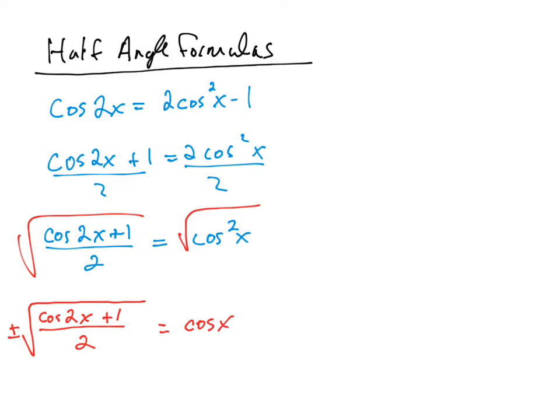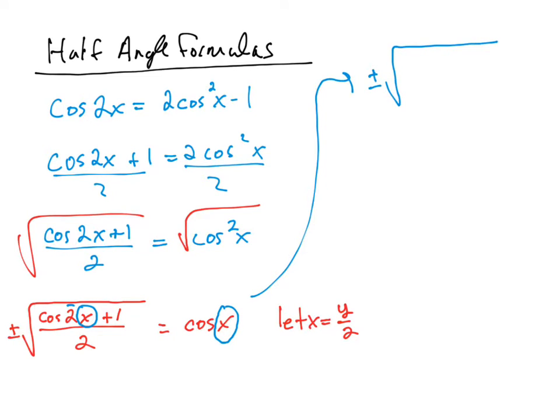Now what we can do is, if we make a substitution, let's let x equal y over 2. And what this allows us to do is substitute here and here for y over 2. So back up here, we're going to have plus or minus the square root of cosine of 2 times, in place of x, y over 2, plus 1 divided by 2.